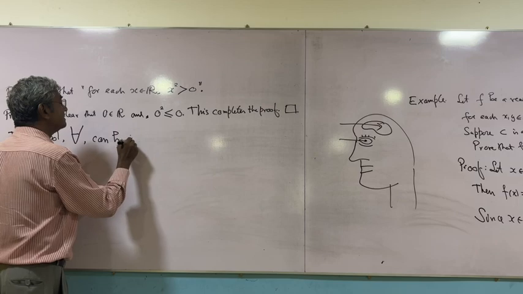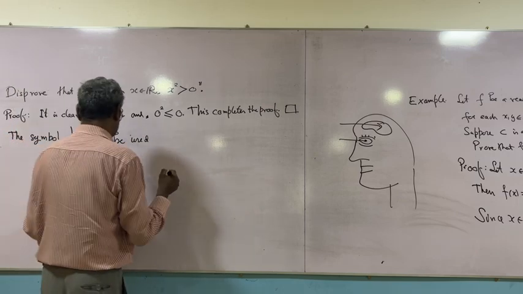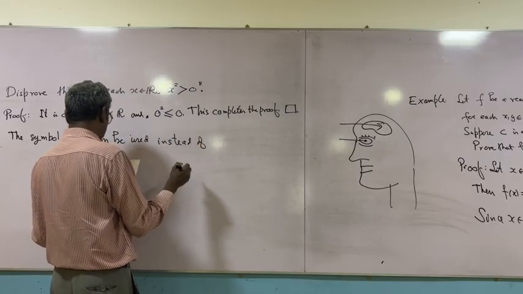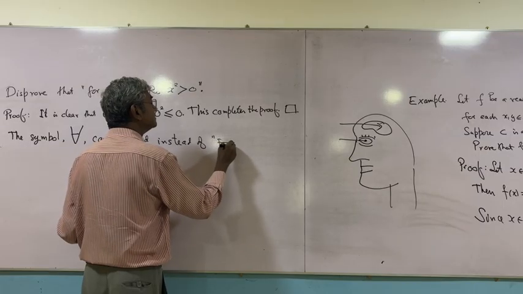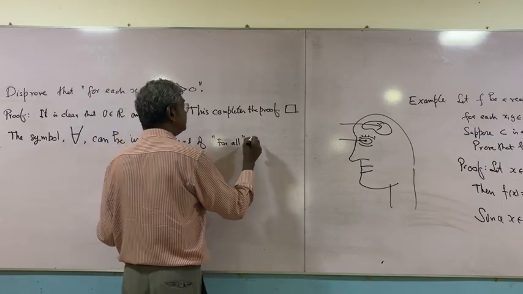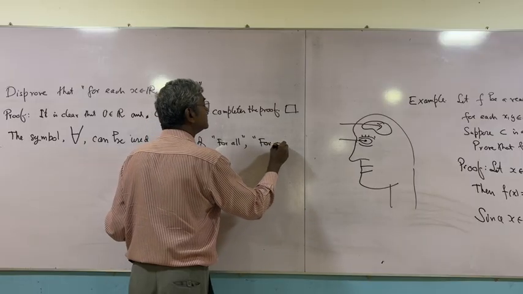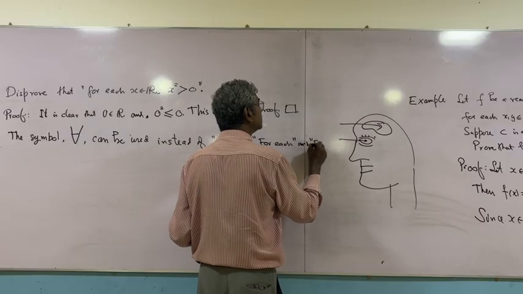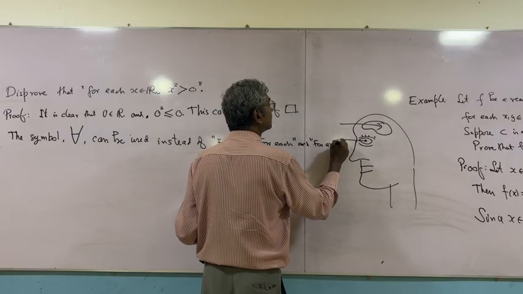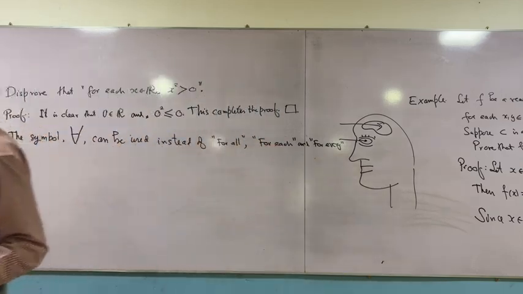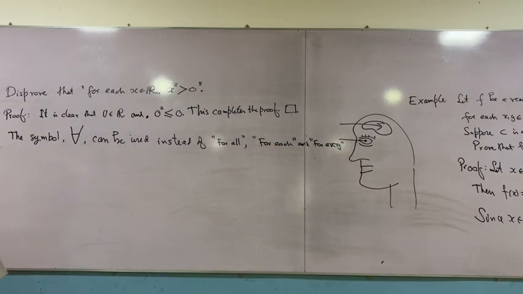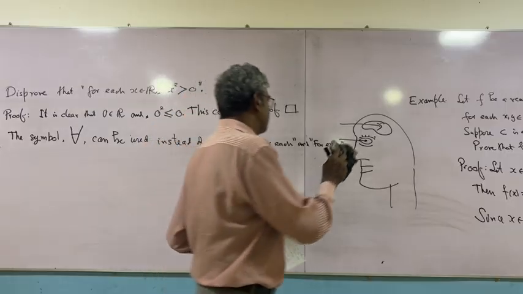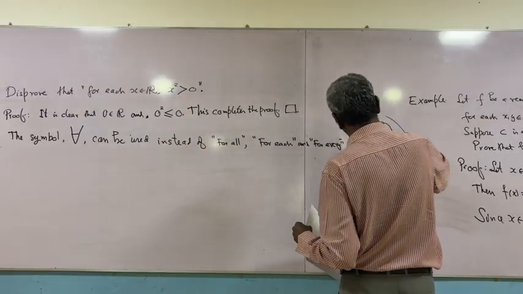The symbol can be used instead of for all, for each, and for every. This is the symbol you are learning today. It's capital A, but it's not standing on its two legs, but on its head, its vertex.